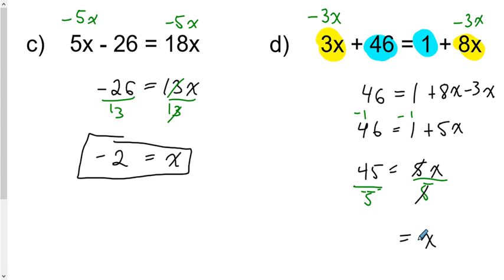So 45 divided by 5, that's 9. Tricky stuff. But with practice, we're going to be experts.